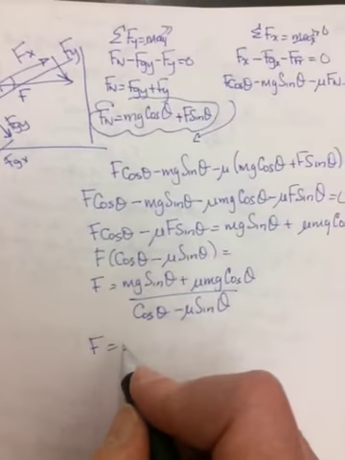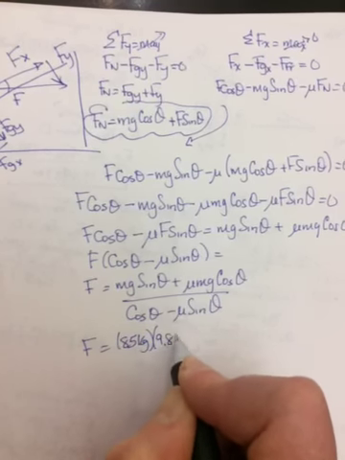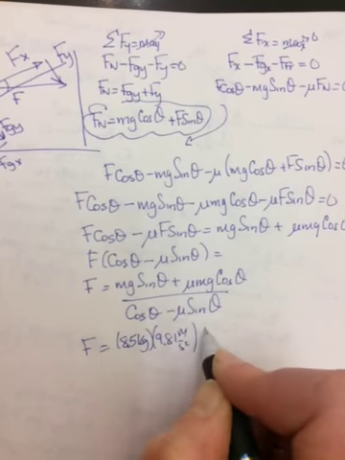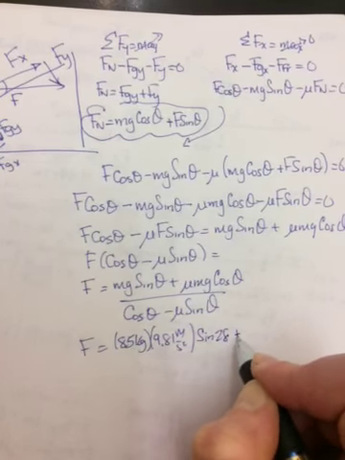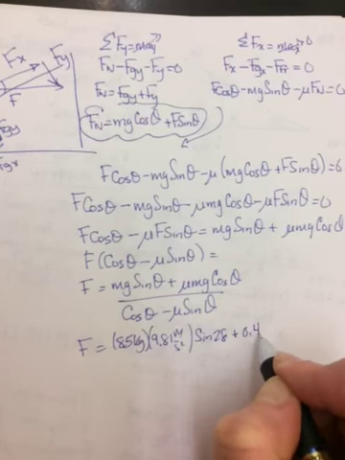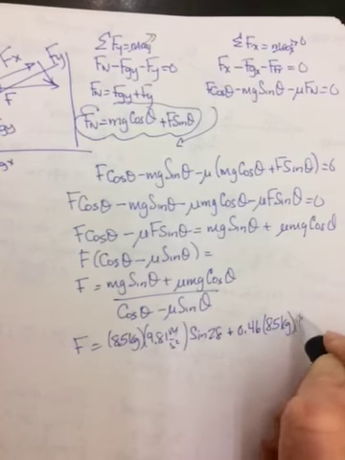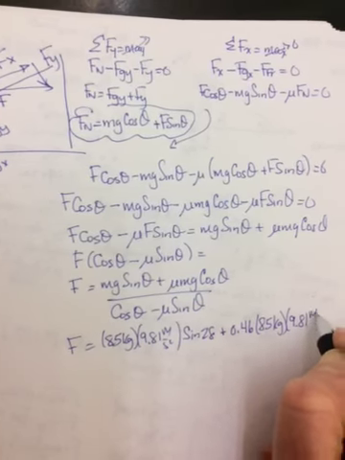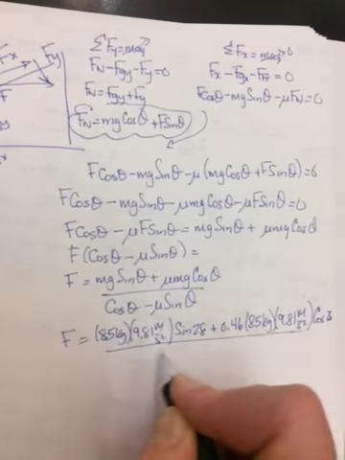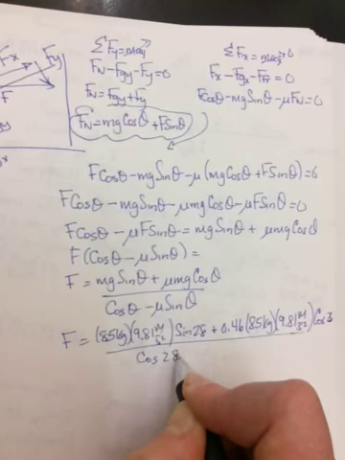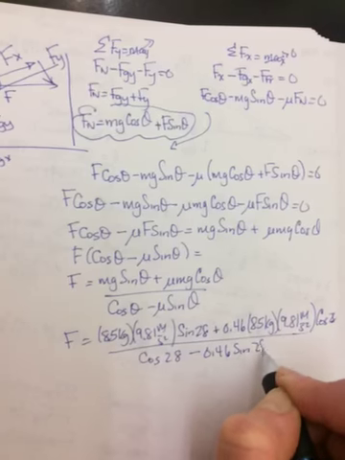So M was 85 kilograms times 9.81 meters per second squared times the sine of 28 plus mu was 0.46 times 85 kilograms times 9.81 meters per second squared times the cos of 28 divided by cos of 28 minus 0.46 times the sine of 28.